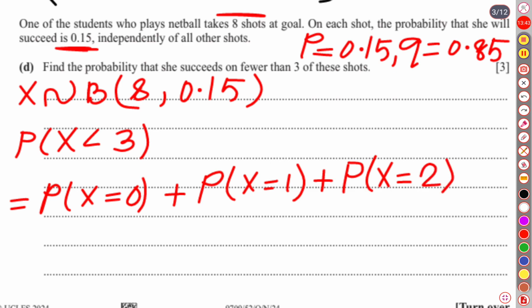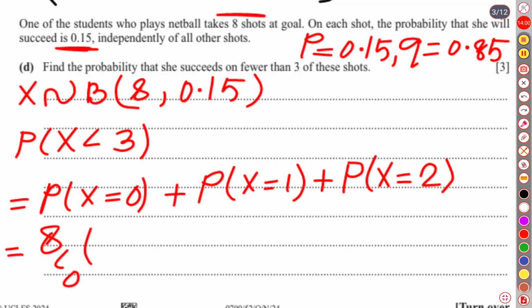Fewer than 3 means he might not have succeeded, or succeeded once, or succeeded 2 times. So out of 8 shots, if there is no success, then what will it be?